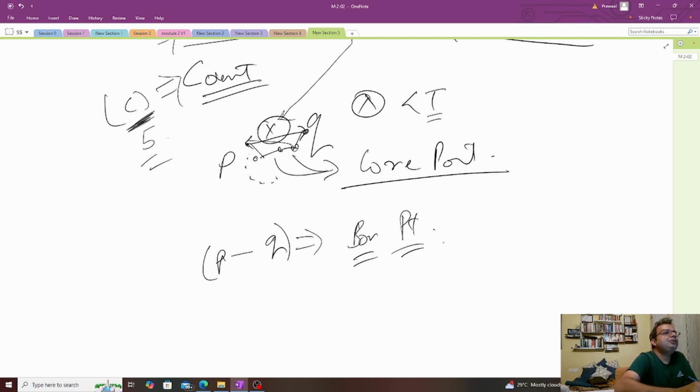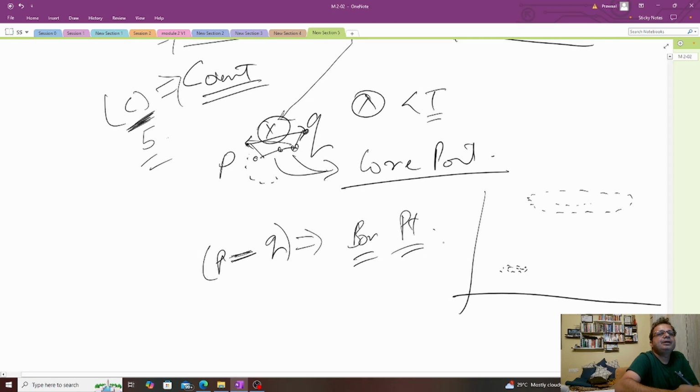So these are the only two hyperparameters, which is a good part of density based algorithms. Let's suppose there are clusters of particular shapes or sizes like this, and there are some points here. In this case, these all will become core points, these also become core points, and this will also become core points.